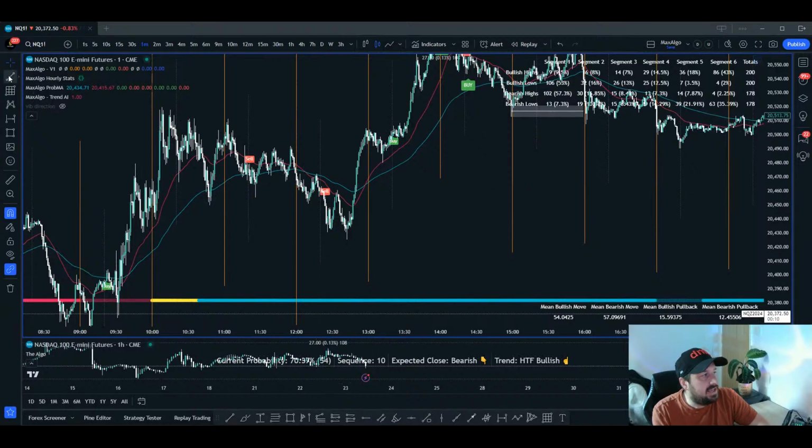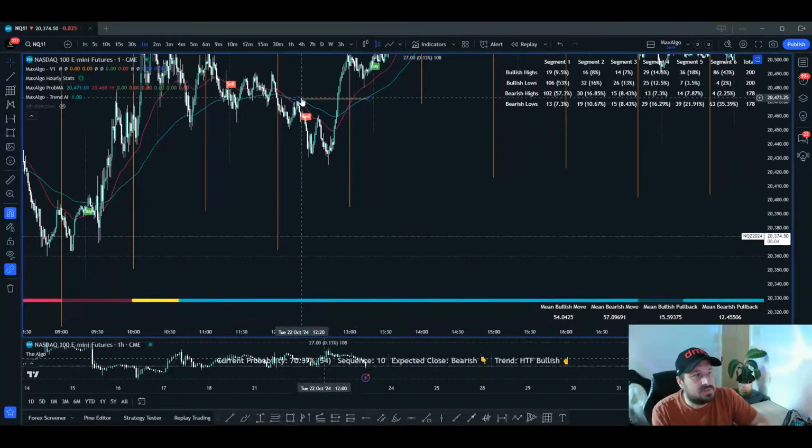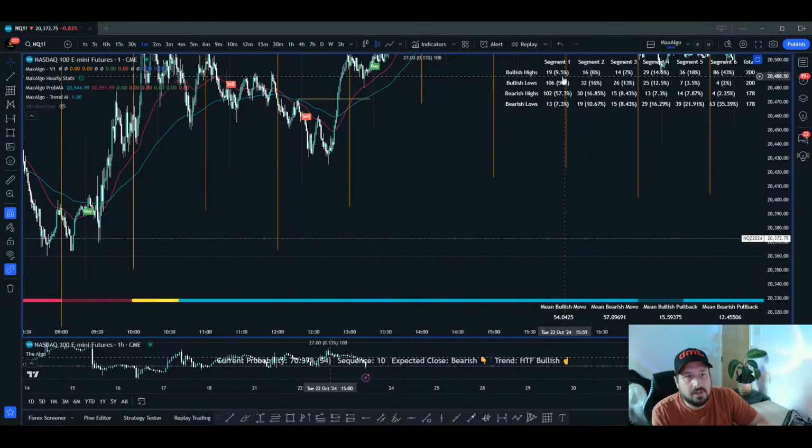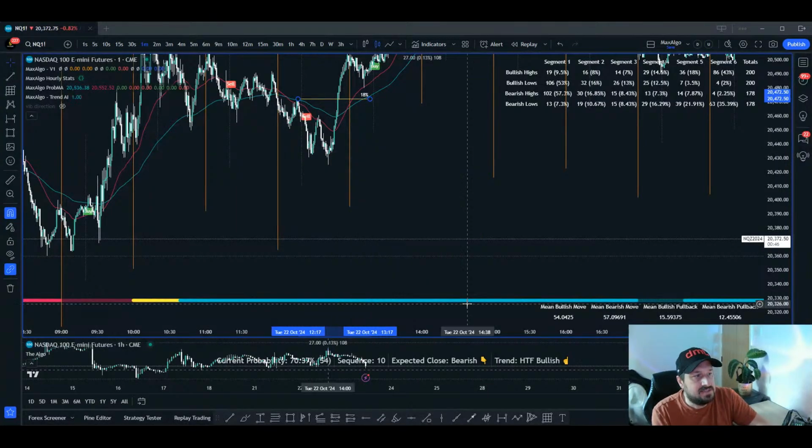So this high here, for example, we can use our data to go, we're expecting this to be bullish, right? If it's in the first 20 minutes, we got basically 18% probability that that's the high.